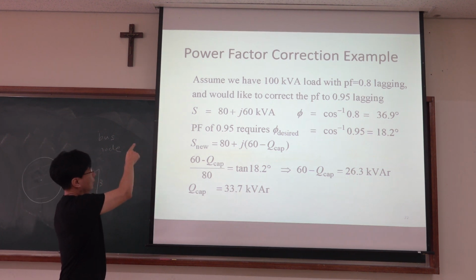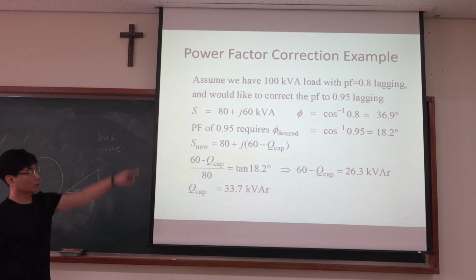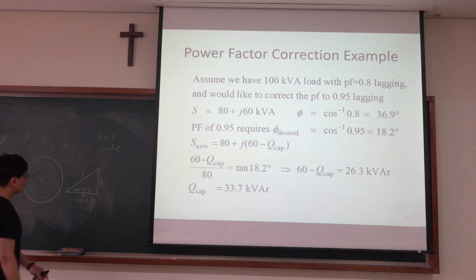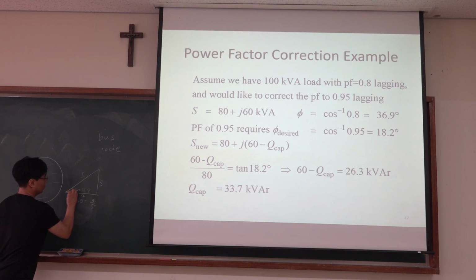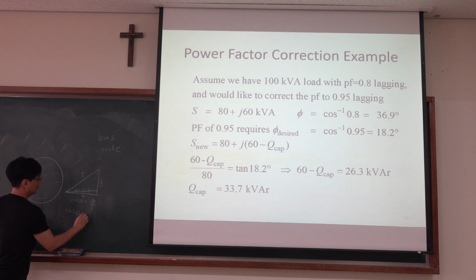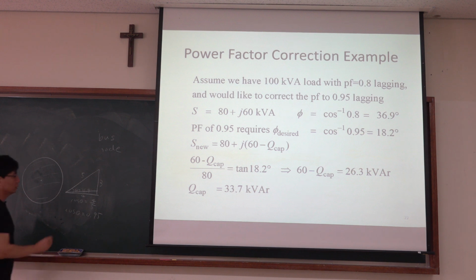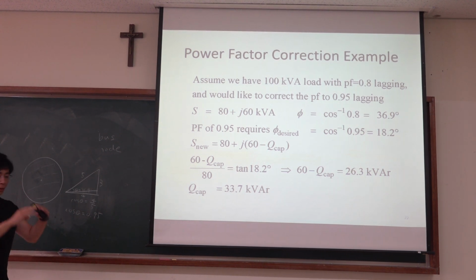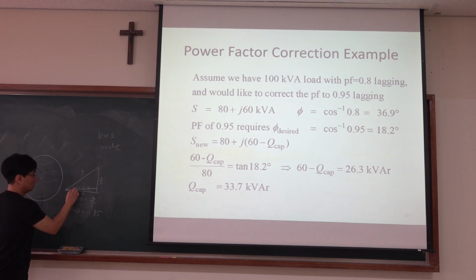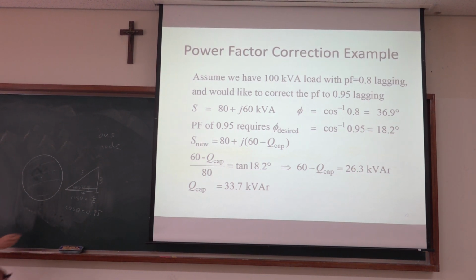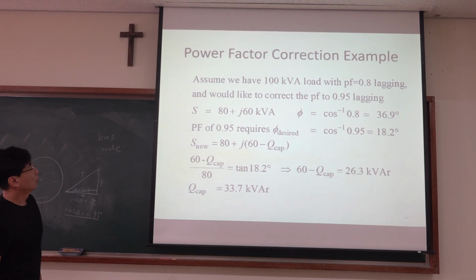Assume that, and we would like to correct the power factor to 0.95 lagging. That means we want to make it like that. So cosine zeta should be 0.95. Then what you need to do is put a capacitor here, and change the impedance where the cosine zeta has this value, right?